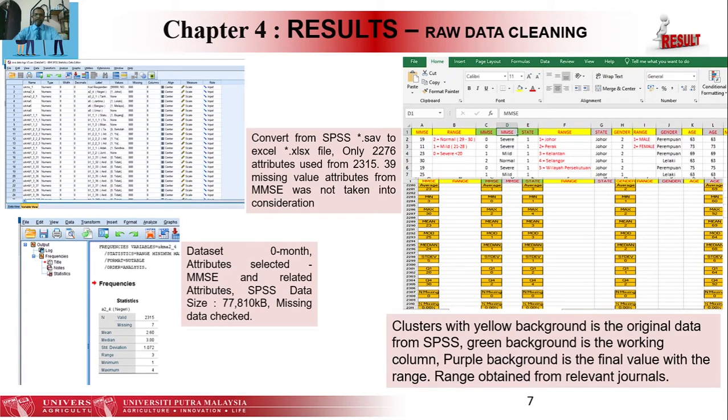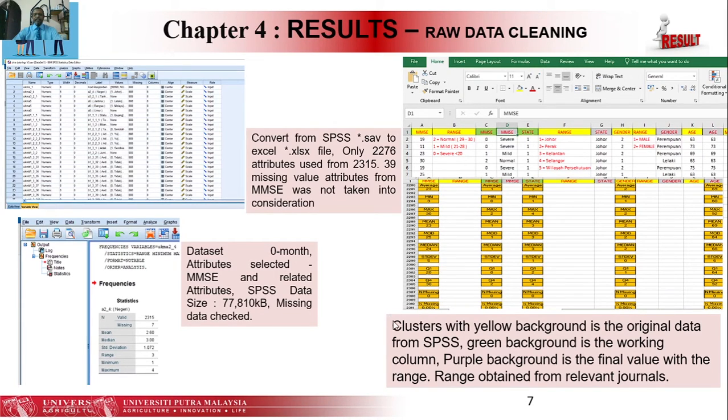Earlier we had a lot of problems when we converted a big size of data from SPSS to Excel. We had a lot of missing data, missing values, so we had to do it one by one, calculated using Excel format.